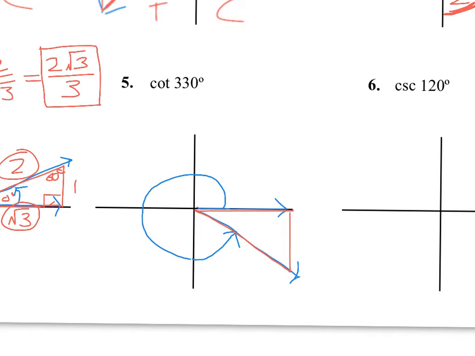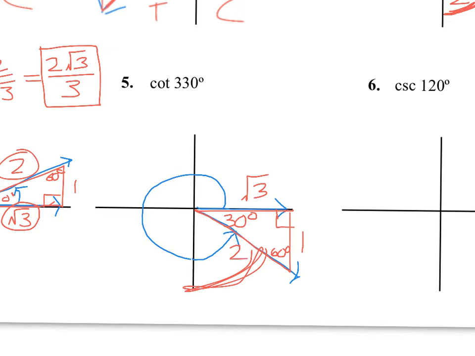Alright, so this was 60, remember, 270 and then 60 more. So this is 30. We almost went 360. We needed 30 degrees more. So there's the right angle, which means the 60-degree angle is down here. Across from the 30, you always put a 1. The 60 is radical 3, and the hypotenuse is 2.